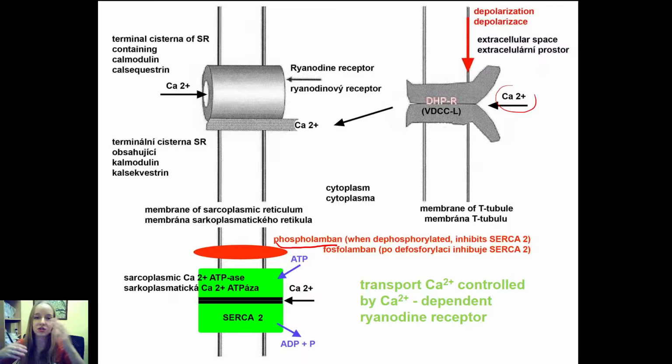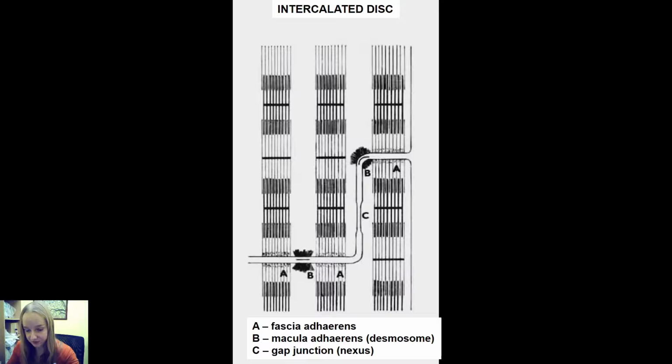So there is some kind of control mechanism which is not very important right now for you, but just know that everything is very controlled, and there is this ryanodine receptor which needs calcium in order to open because it's a calcium controlled receptor right here in the heart.